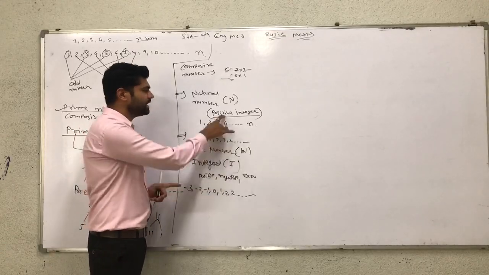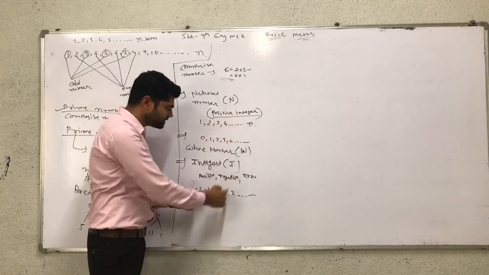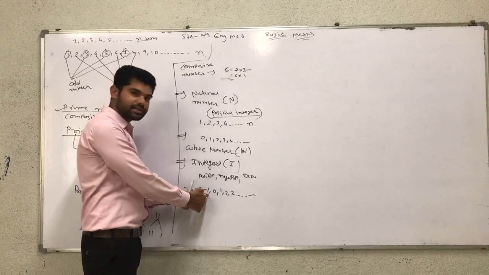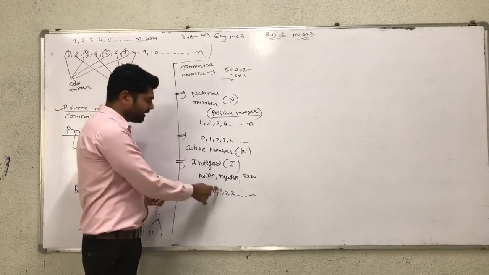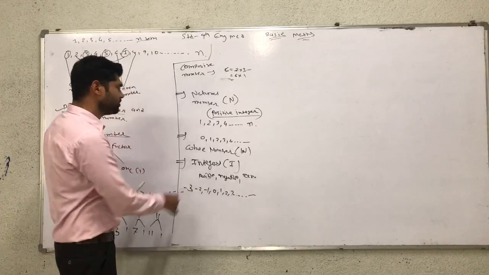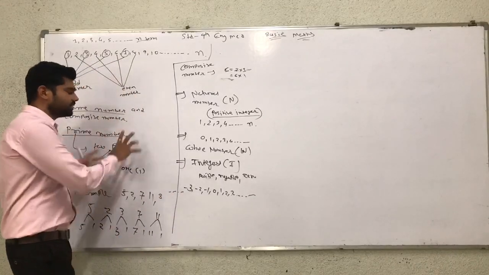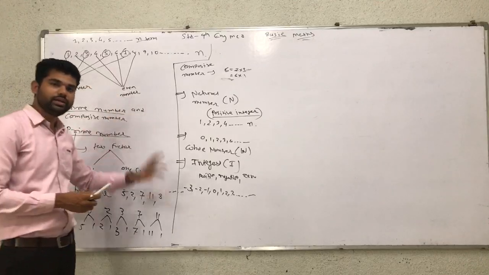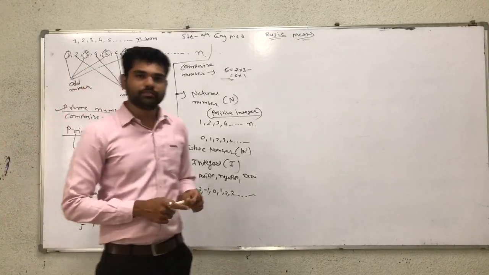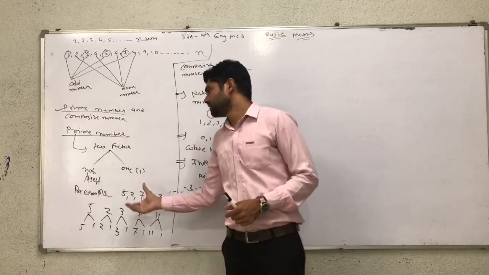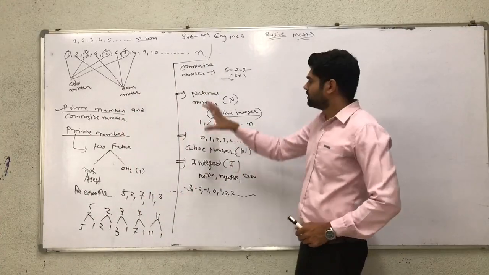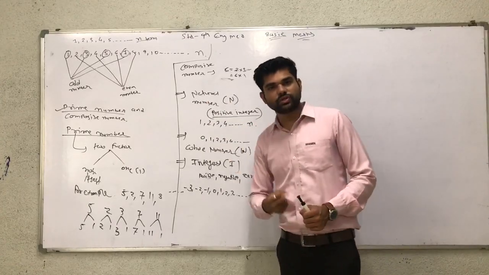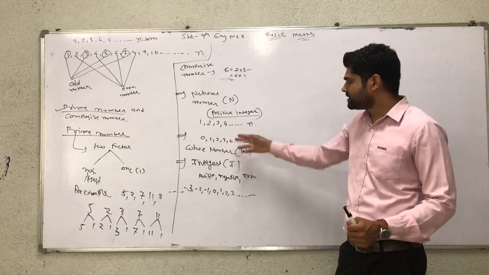So positive means numbers counted with 1, 2, 3, and negative means numbers counted with minus 1, minus 2, minus 3, and 0. So we learned different types of numbers: odd numbers, even numbers, composite numbers, prime numbers, and unions of some numbers, meaning positive, negative, 0, only positive, or 0 plus positive.